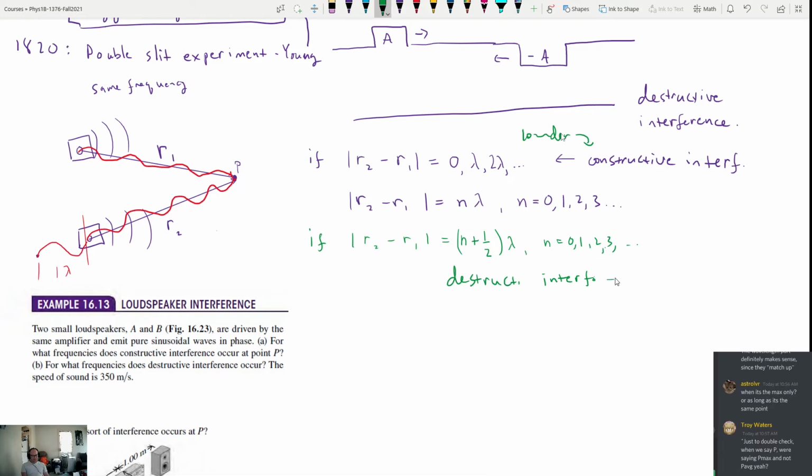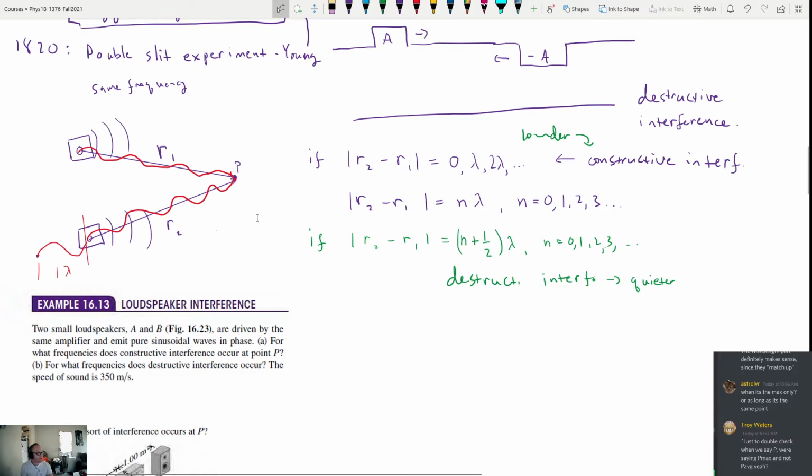And destructive interference means quieter. Okay? Or maybe no sound at all. If it's pure destructive interference, it could be no sound at all, right? But can you go to your home and take two speakers, get both of them just producing a single test sound or something like that, stand at a location and hear a louder sound, and then maybe move off to the left to some position here and hear a quieter sound?